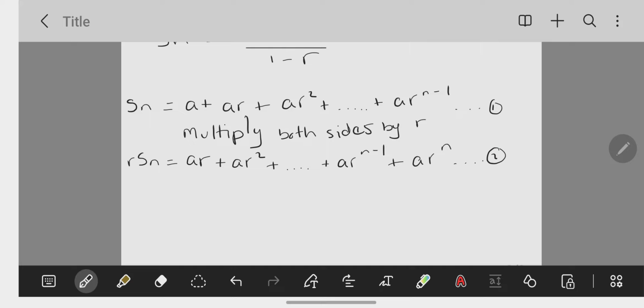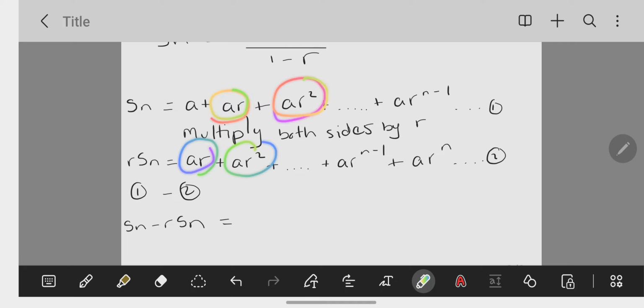Now, I am going to subtract these two equations, so equation 1 minus equation 2. So Sn minus r Sn, that's what I'll have on the left hand side. Now, on the right hand side, what will I have? Let's see. I'll have a, minus, it doesn't have a like term there, so I'll just have the a there. But I have ar here and ar there. I have ar squared here and ar squared here.